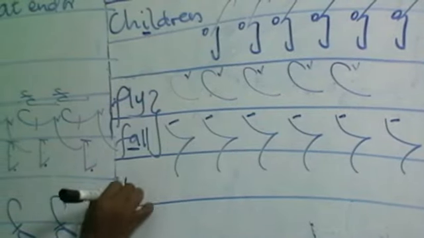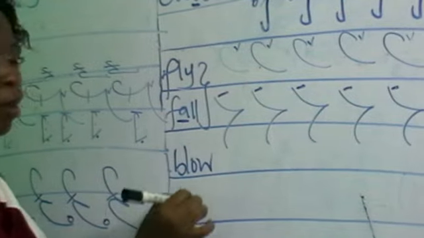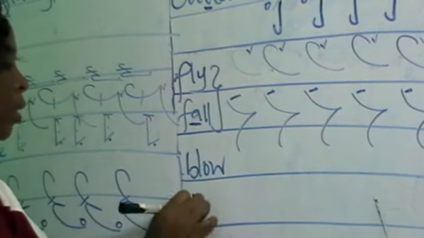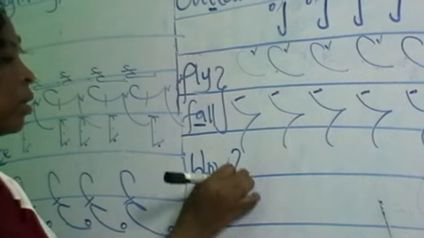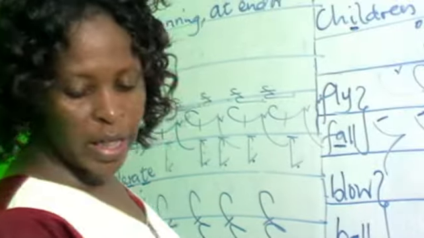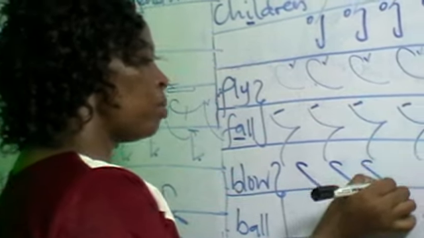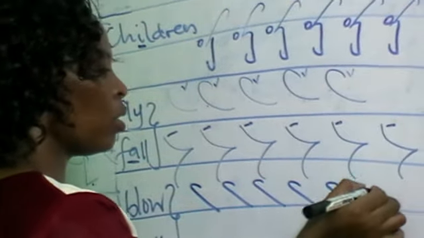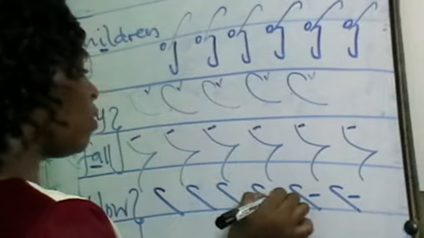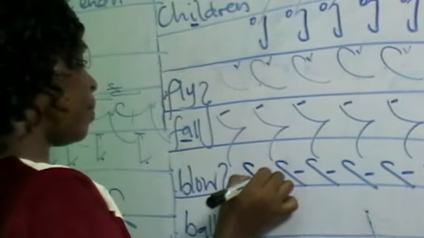We have another word, blow. We compare blow with the word ball. The word blow will be drilled with a B hooked for L. Blow. Because of long O, it is on the line.